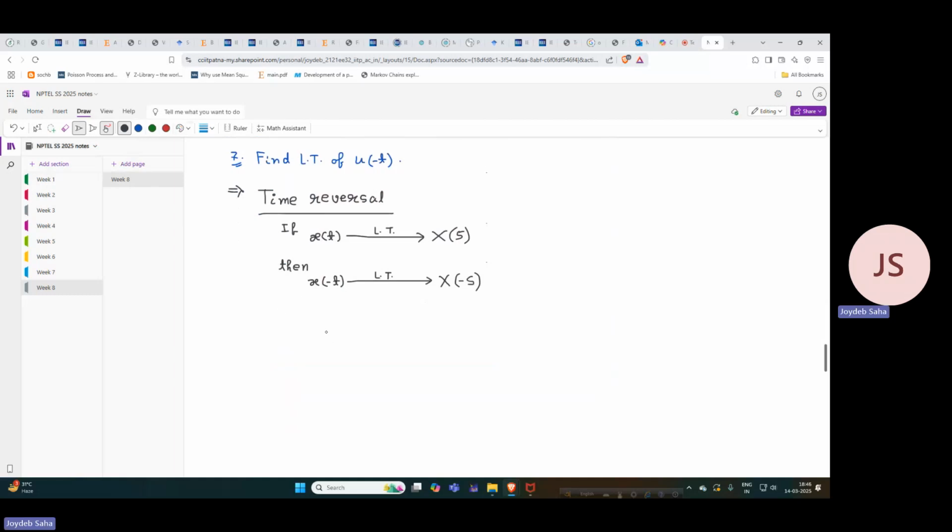Okay, so in similar manner we have u(t) and its Laplace transform is 1 upon s.